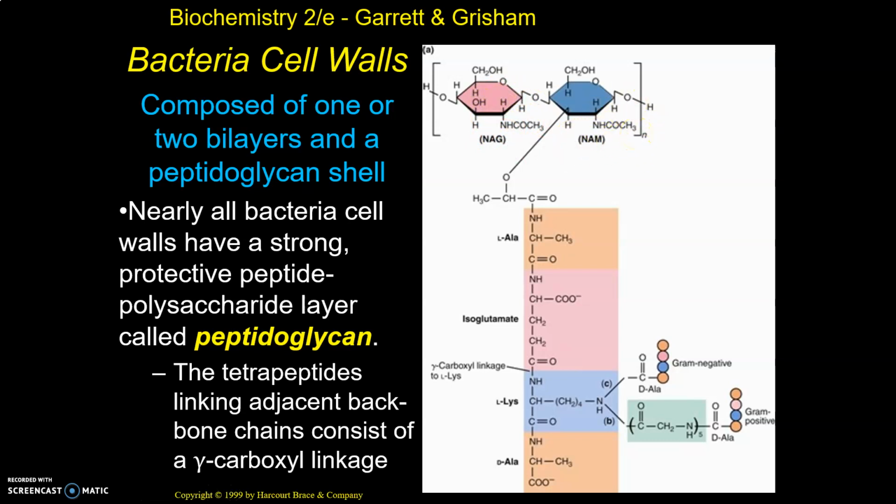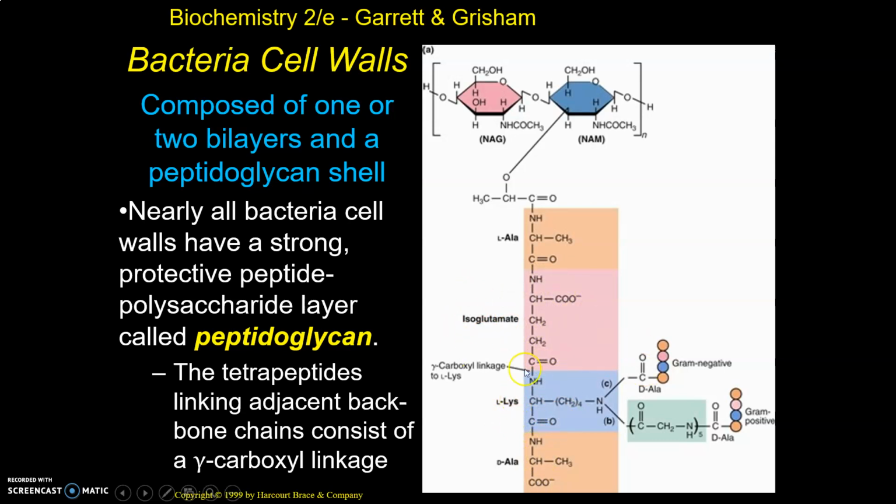acid. So you have these polysaccharide chains, and they are interconnected through tetrapeptides, which are composed of amino acids: an L amino acid, a D-glutamate, which is isoglutamate, L-lysine, and then D-alanine.